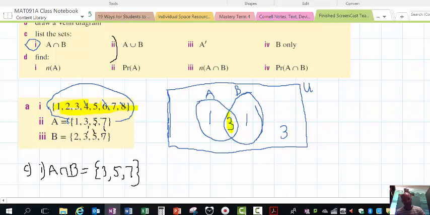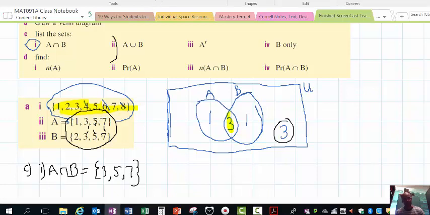A union B is basically anything that's in there. Okay, so it's stuff that's in one of those, A or B or both. So it's the stuff that is anywhere in here. Okay, that's the union. So A union B is the next one.